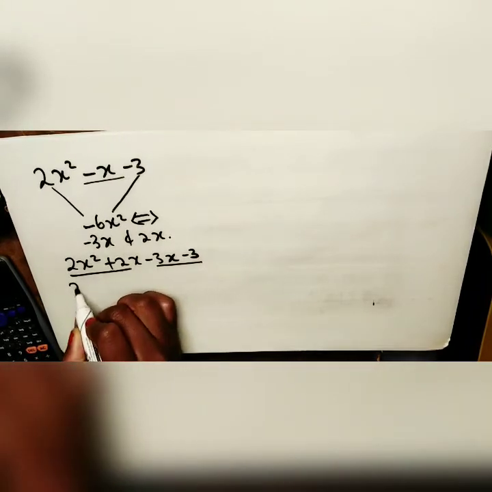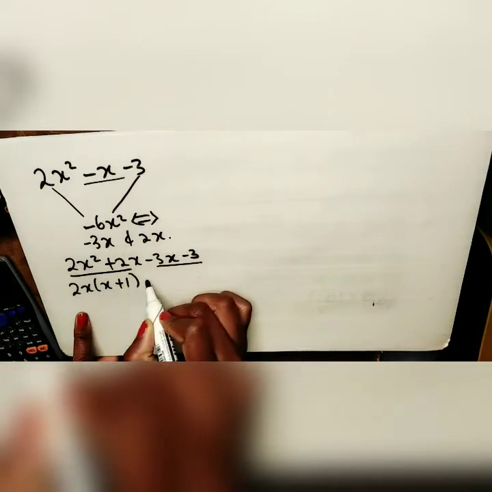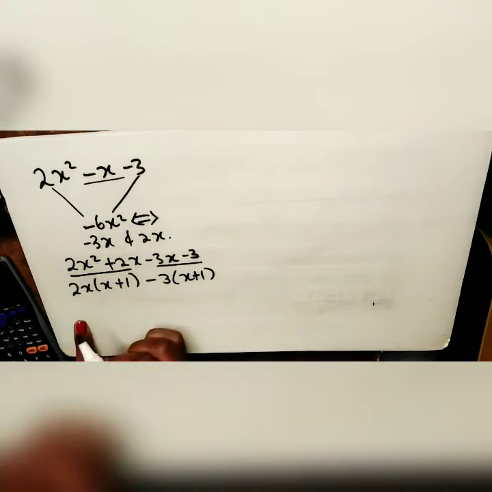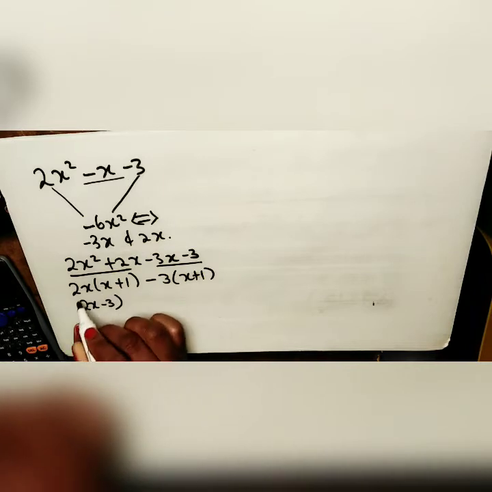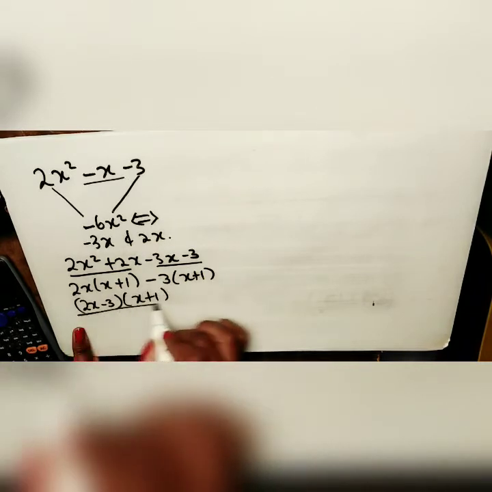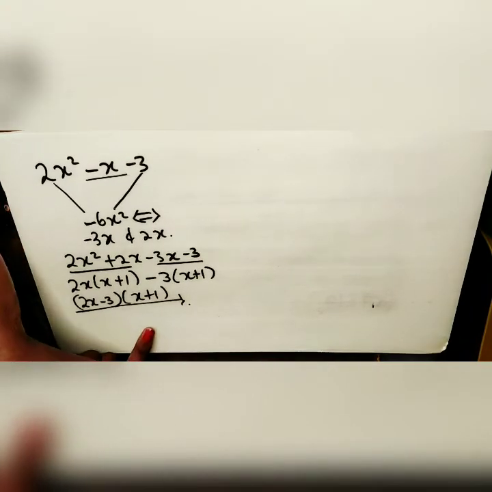For this first group, 2x is common. I remain with x plus 1. The second group, minus 3 is common. I also remain with x plus 1. So my final solution, I have 2x minus 3 forming a bracket and x plus 1 forming another bracket. So we are done factorizing that one.